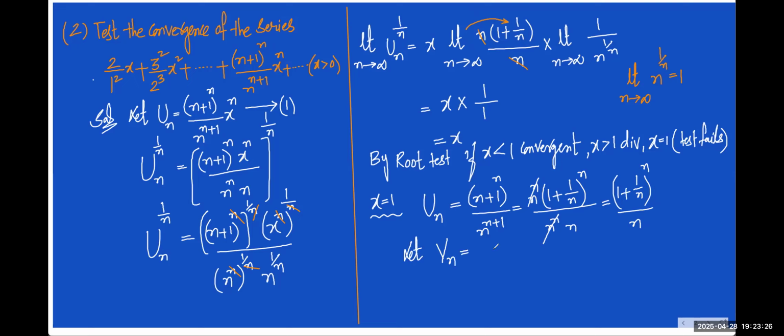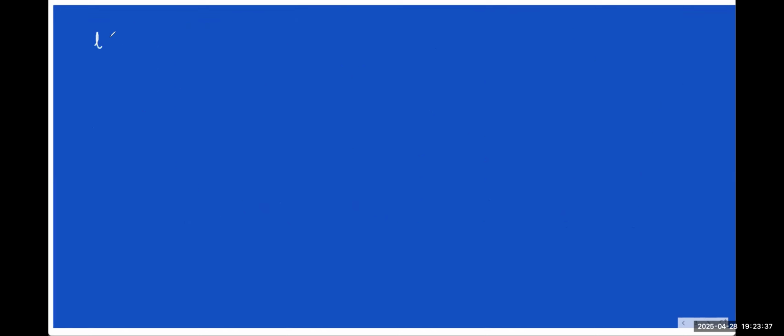The highest power of n we are getting is 1 by n only. So then the third step of the limit comparison test, that is on the next page. Limit n tends to infinity, Un by Vn, which is equal to limit n tends to infinity.